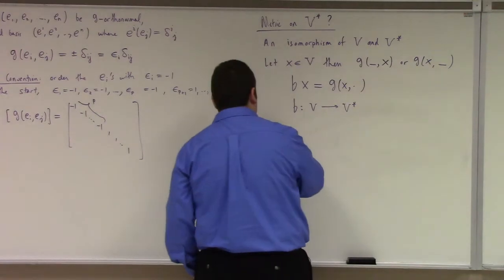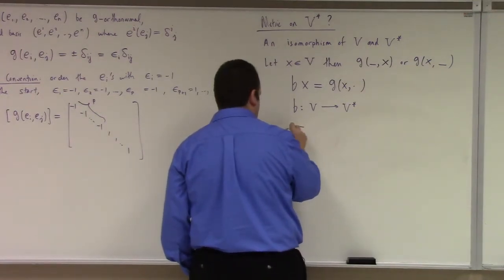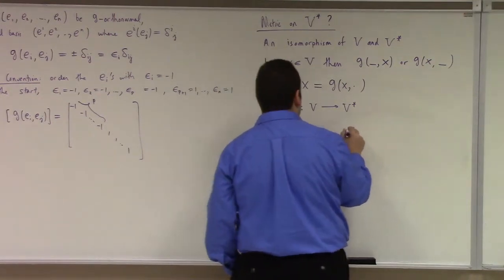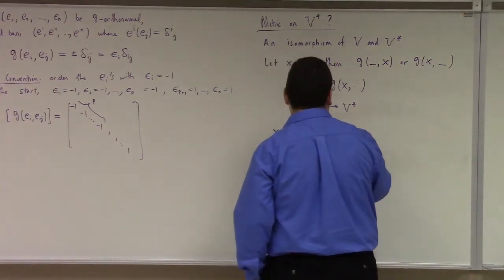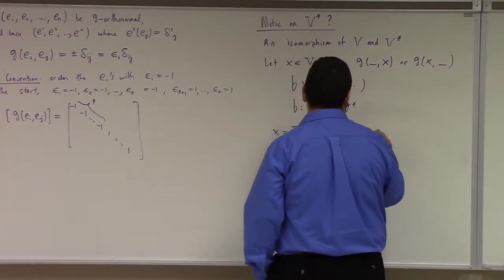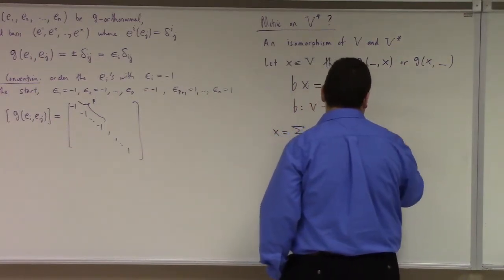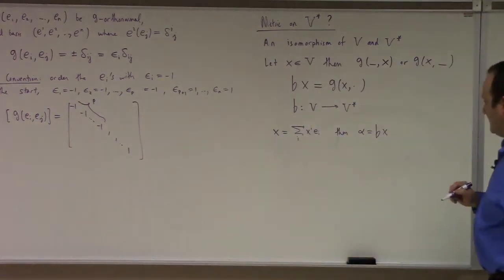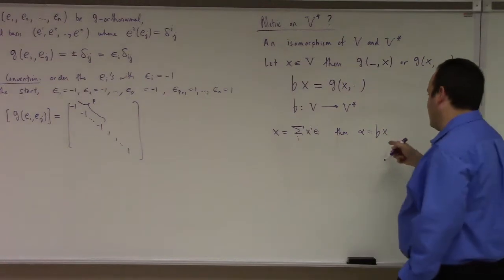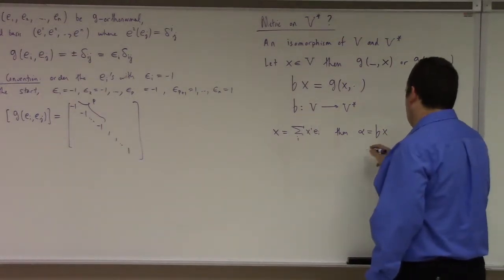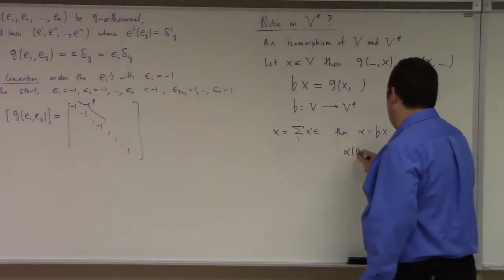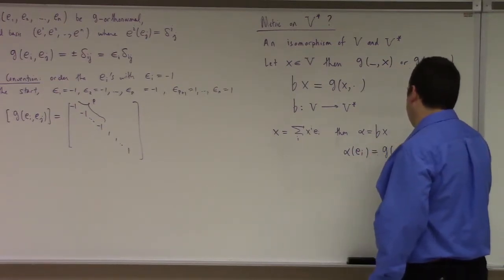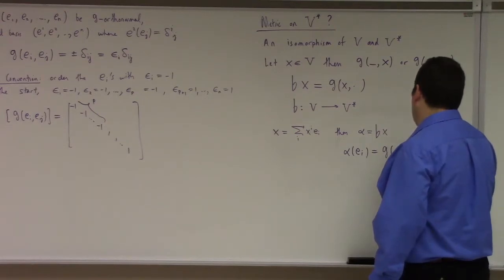If x is equal to a sum over i of x^i e_i, and alpha is equal to x flat, if alpha is the flat of x, then alpha of e_i is equal to g of x comma e_i.